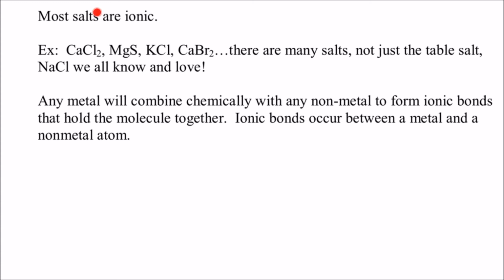Okay, and notice I said salts. That's plural. Okay, I know that the salt you're most familiar with is table salt, NaCl. I'm sure you've heard that before, but there's a whole bunch of salts. Okay, here's how a salt is formed. Anytime a metal bonds with a nonmetal, you're going to form a salt, and that salt is going to have an ionic bond.